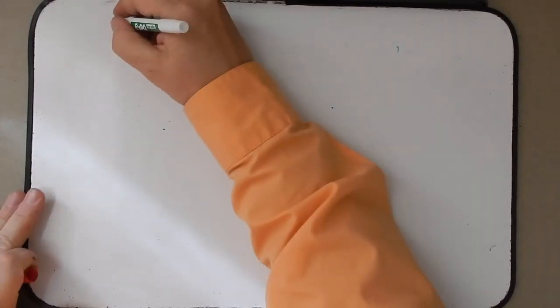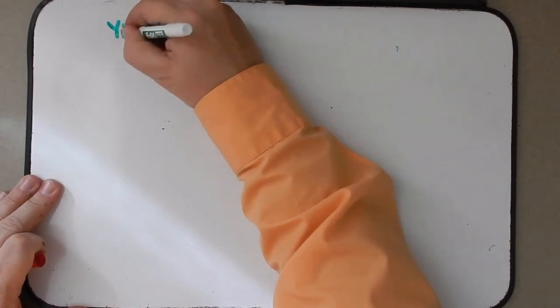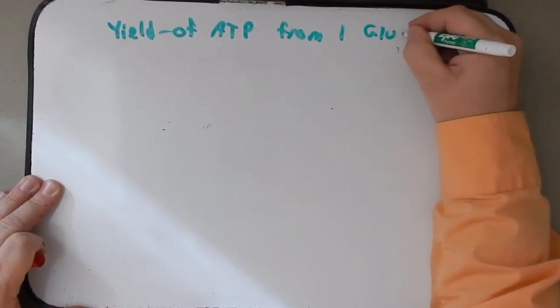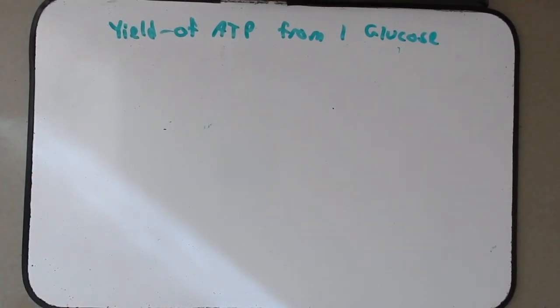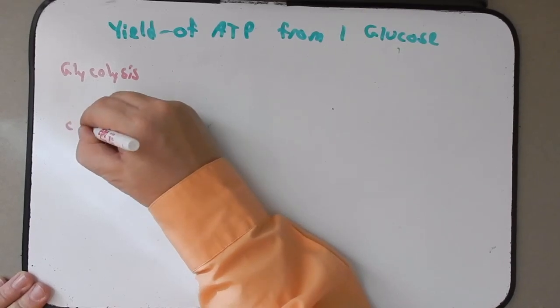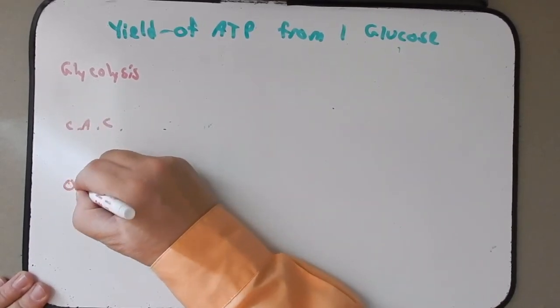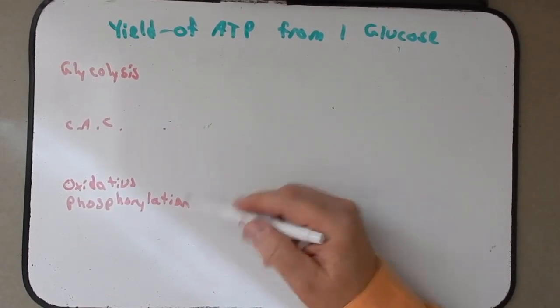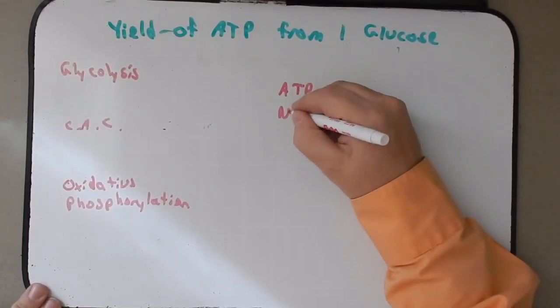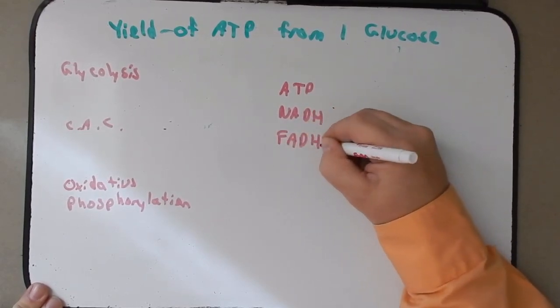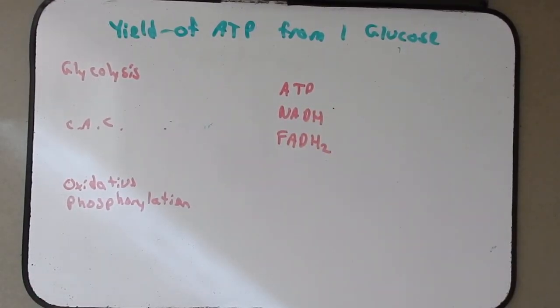So what I want you to do and think about on your own is, what is the yield of ATP from one glucose molecule? What you're going to want to do as you're calculating this is to think about glycolysis, the citric acid cycle, and oxidative phosphorylation. How much ATP is made from each of these per molecule of glucose, how much NADH is made, and how much FADH2 is made from one molecule of glucose.